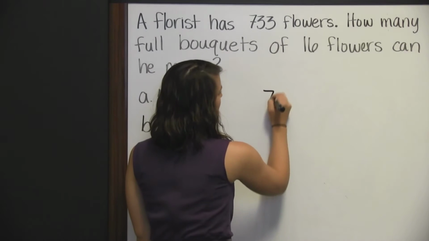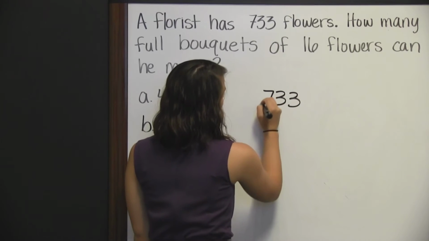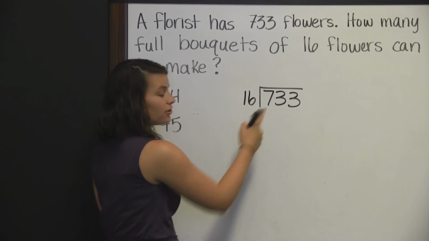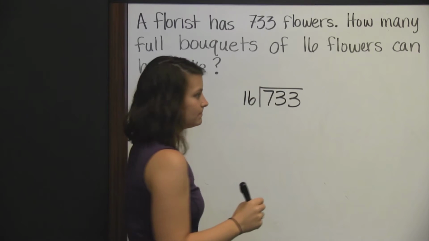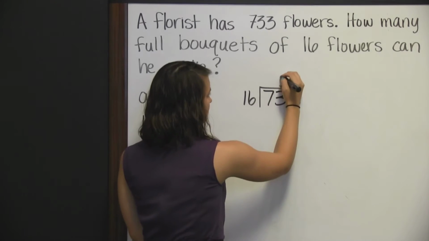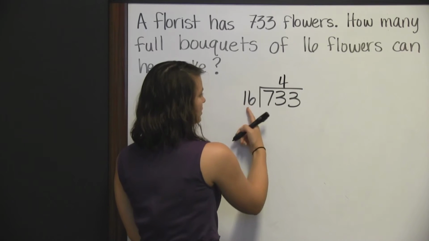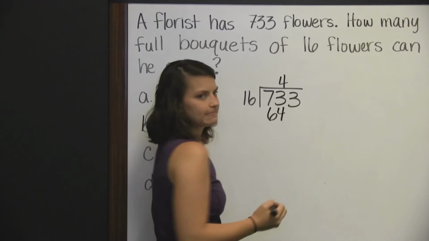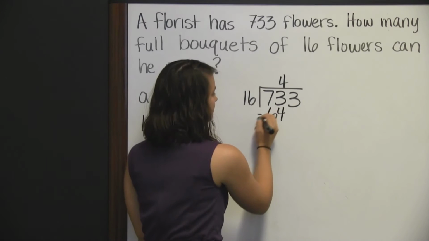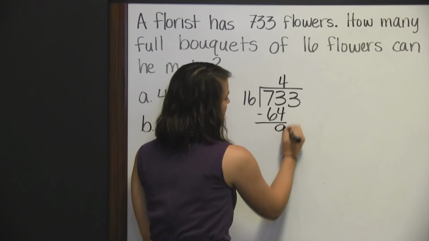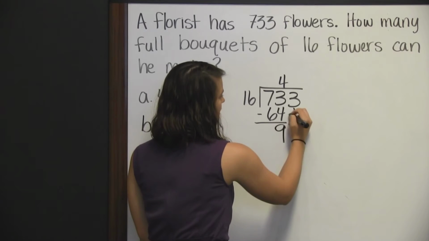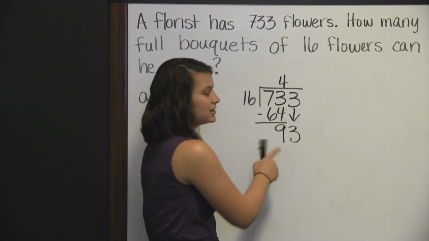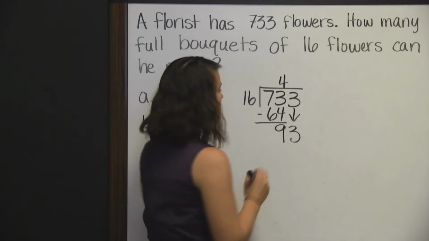So we take 733 and divide it by 16. 16 goes into 73 4 times. 16 times 4 is 64. And then we subtract. And we get 9. Bring down the 3.